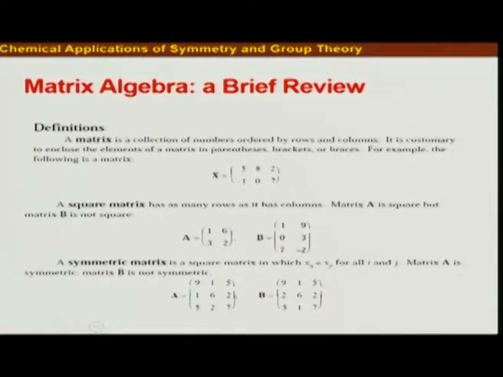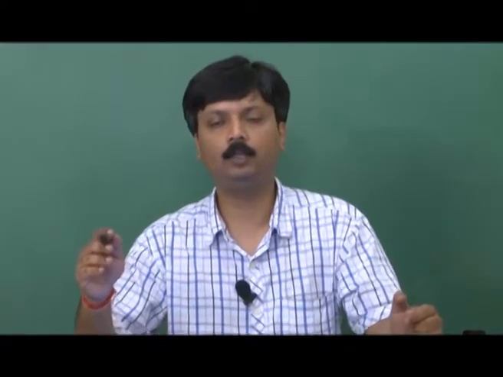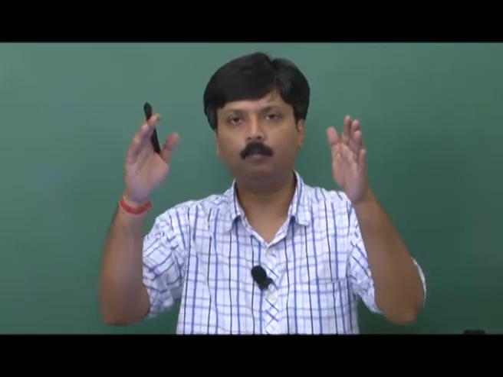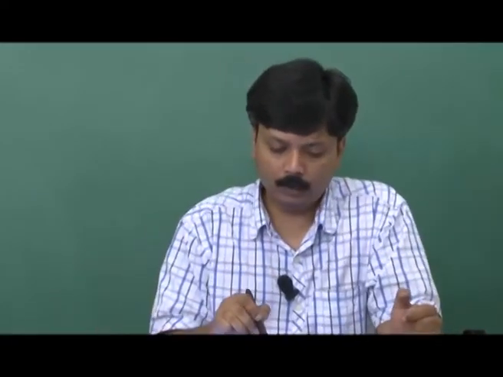First we will deal with certain definitions. In the first place, we have to know what a matrix is. If you look at your screen, the definition of a matrix is given there, which says that a matrix is a collection of numbers ordered by rows and columns. So if you have some numbers or digits ordered in rows and columns, it's an array, presented with the numbers in rows and columns written within parentheses.